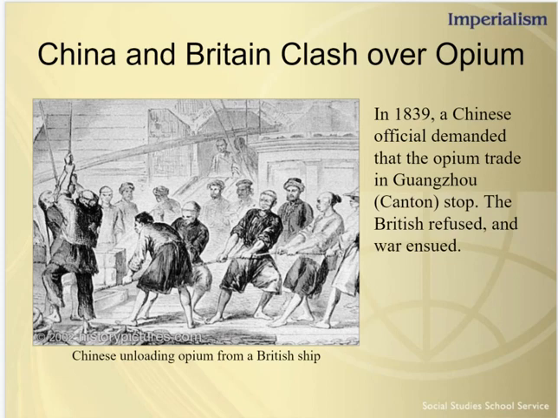In 1839, the Emperor of China sent a commissioner to Canton to put an end to the opium trade. The British ignored these demands, and the Chinese government responded by having the commissioner destroy 20,291 chests of opium. This action ultimately led to a war between the British and the Chinese.